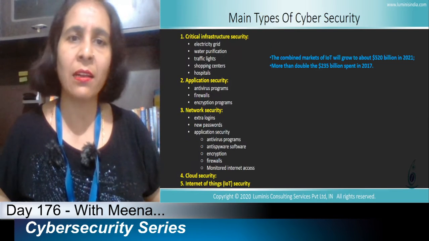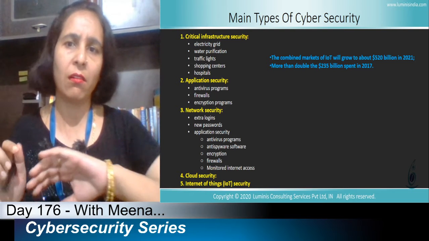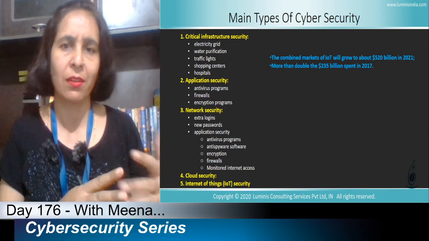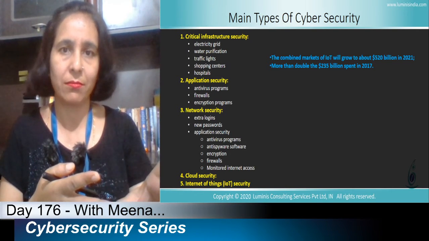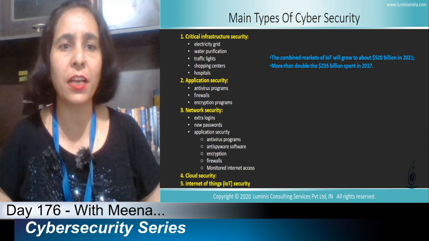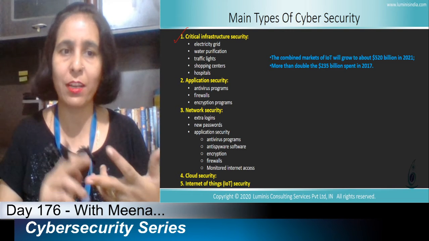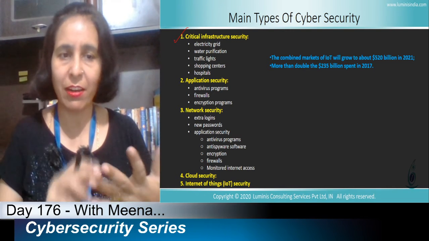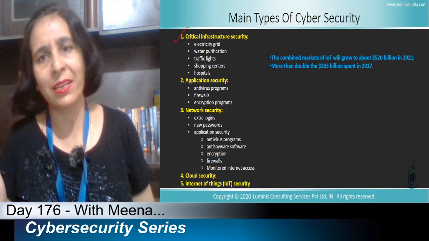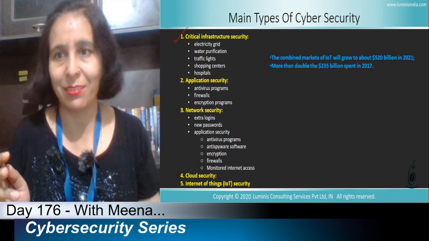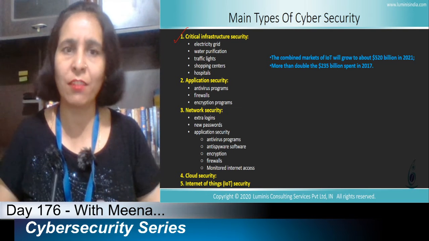And what are the main types of cybersecurity? When we are covering different areas of cybersecurity, then overall what can we categorize? First of all, critical infrastructure security, whether that's our electric grid, water purification, traffic lights, shopping, hospitals, a lot of things, telecommunication, and our dams. Those are the critical infrastructure.